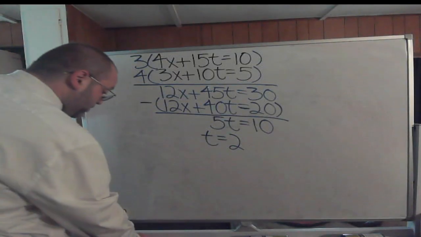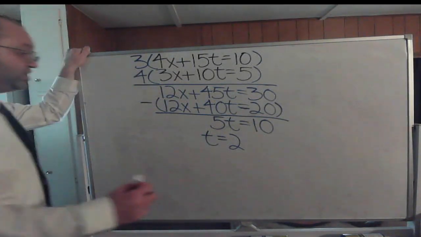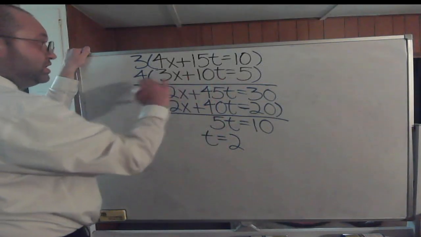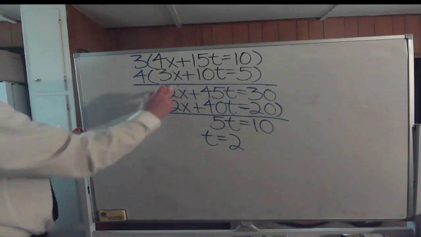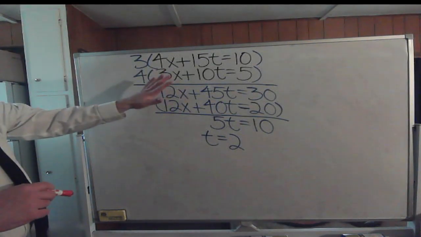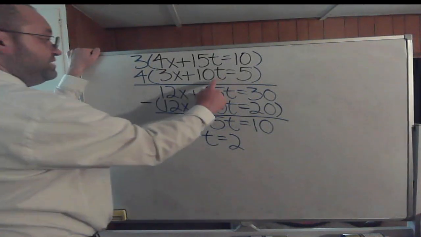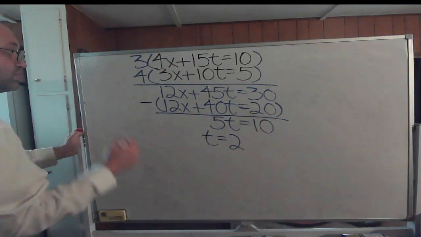So what we need to do, not even a suggestion, you put the t value into one of these equations and solve for x. Now you see the multiplication, ignore that multiplication. Only put the t value into the original equations there in the black. So I'm going to solve for x.